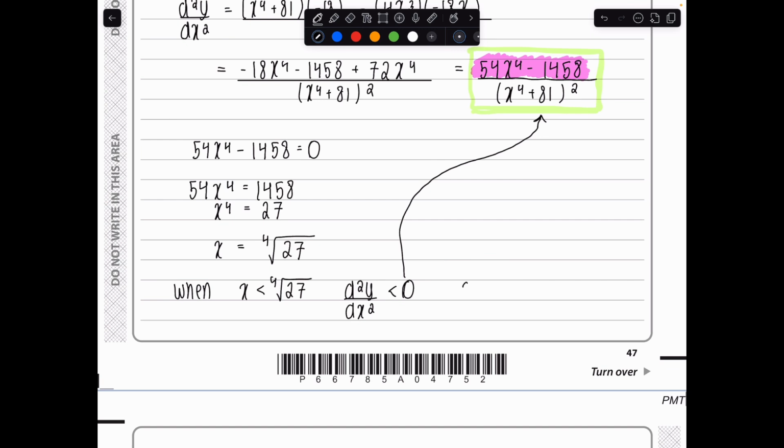On the other hand, when our x value is greater than the fourth root of 27, our second order derivative is greater than 0. And this is exactly the sign change that we want to show. It goes from negative to positive when it goes by this point of inflection where x is equal to the fourth root of 27. So that answers part B.